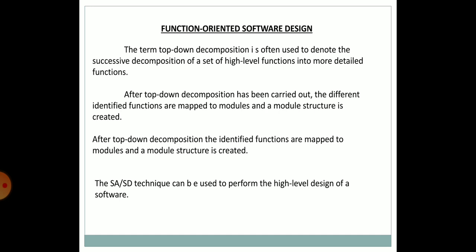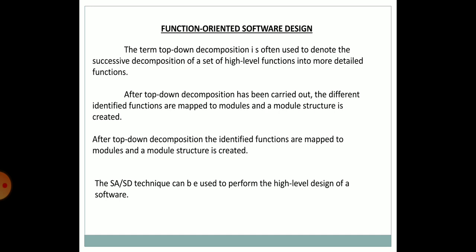For example, if we consider library automation software, the services provided may be issuing a book, searching for a book, etc. These functions of the software are identified as high level functions of the software.